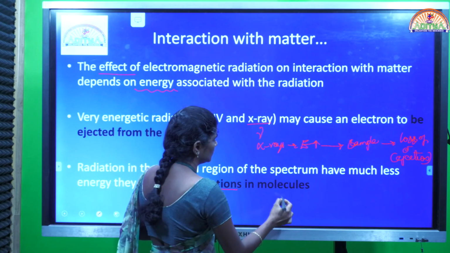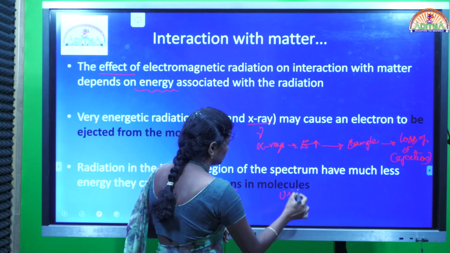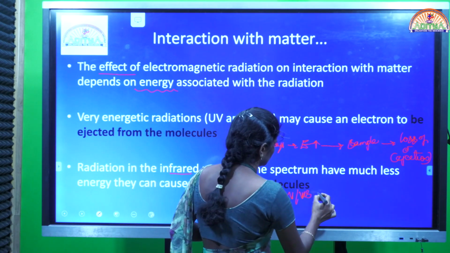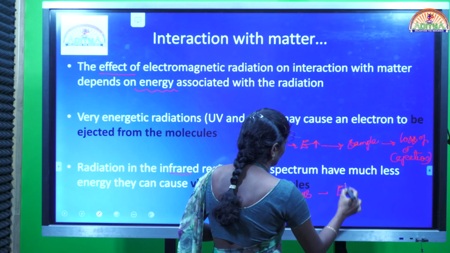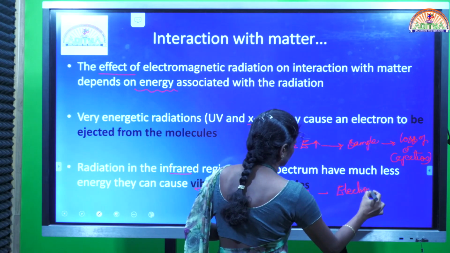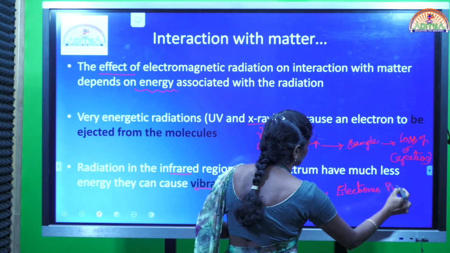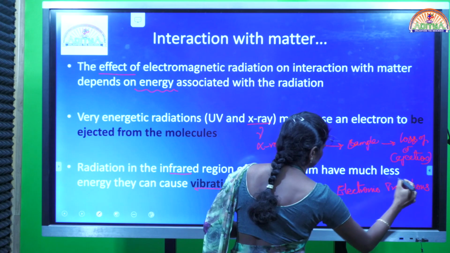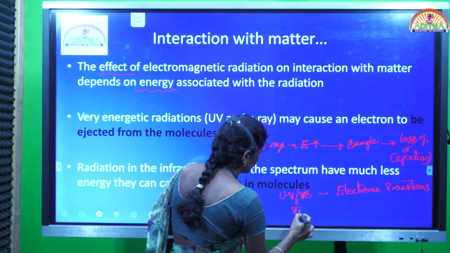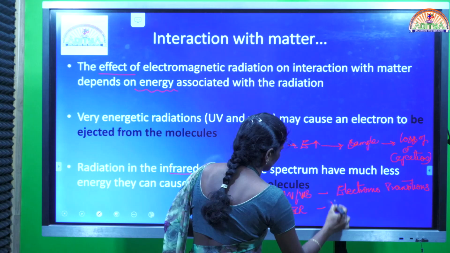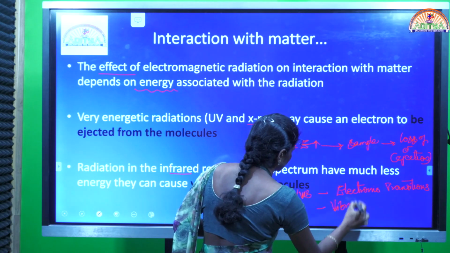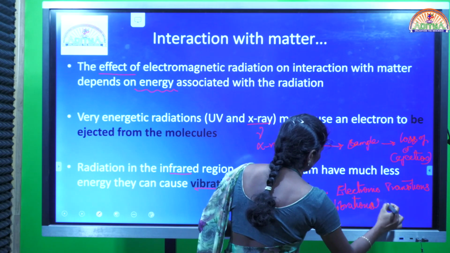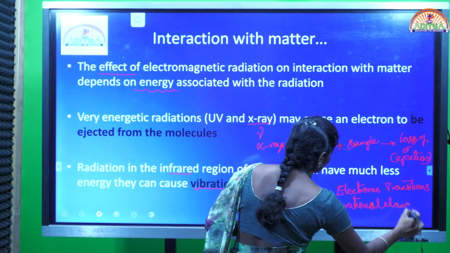So other than X-rays, if we take the UV radiation or visible radiation, UV or visible radiation will cause electronic transitions upon their interaction with the sample, whereas IR radiation is known to cause vibrations in the sample molecule, or you can call them vibrational changes.